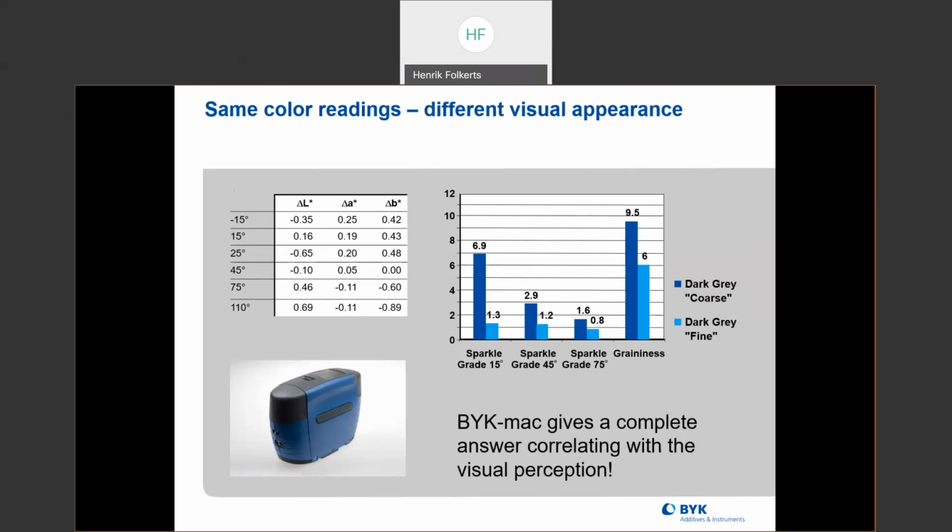Remember, we can perceive a half unit, so this is 12 times the perceptual difference in sparkle at that 15-degree angle. You'd still be able to see the differences in sparkle at 45 and 75. You'd also see a big difference in graininess, since you have 3.5 units difference there.